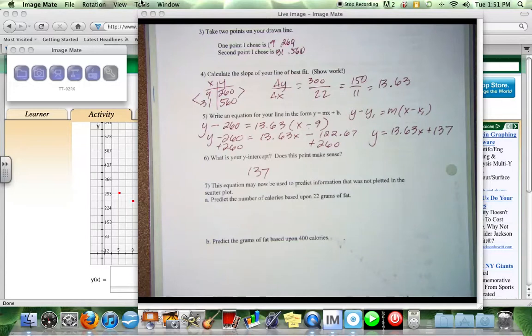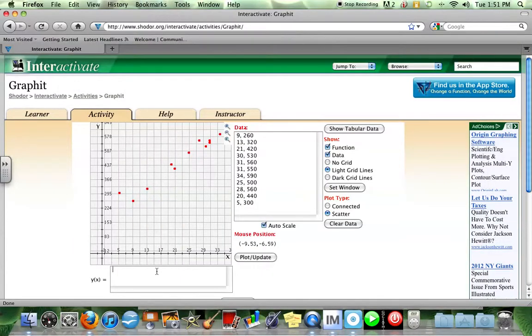Okay. Let's look at the equation that we just came up with and compare it to our data points. So we have y equals 13.63x plus 137. What do you think? Does that line look good? Would you want to change it at all?